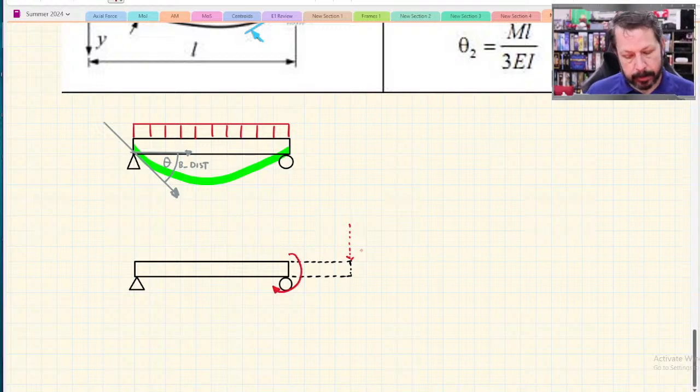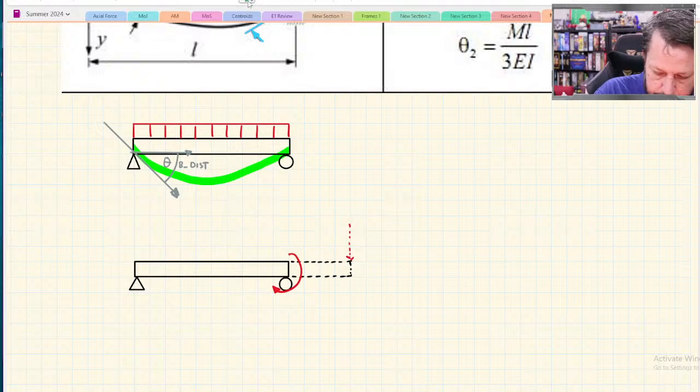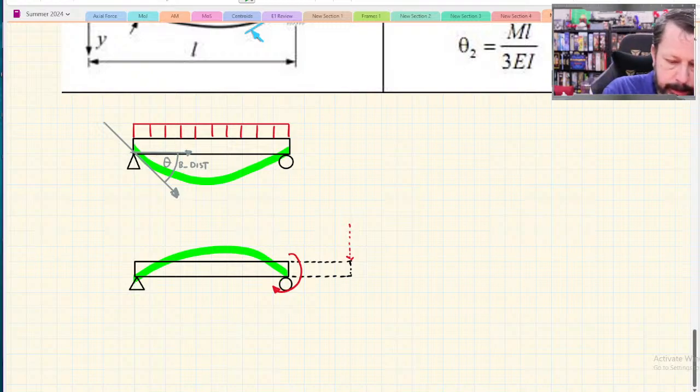And we said that if I twist it on the beam in that way, then it's going to do something like that to the beam, which would give that kind of slope, something like that.